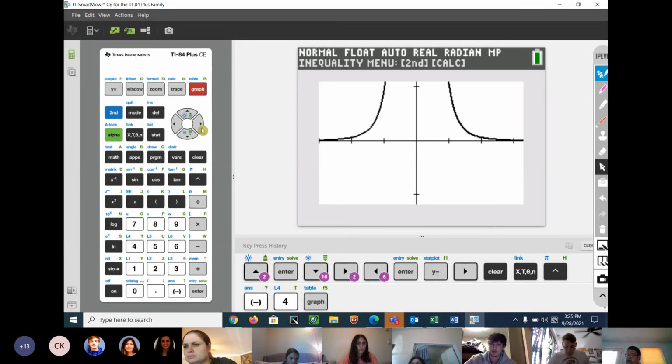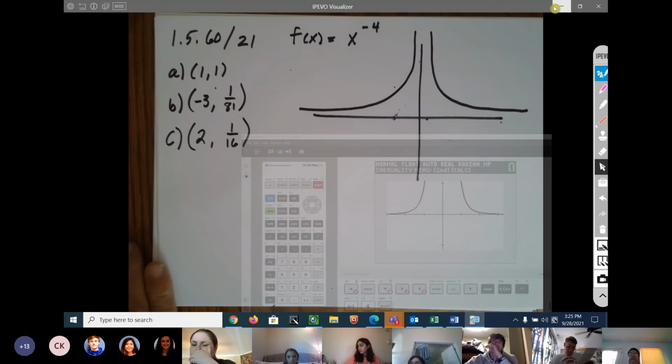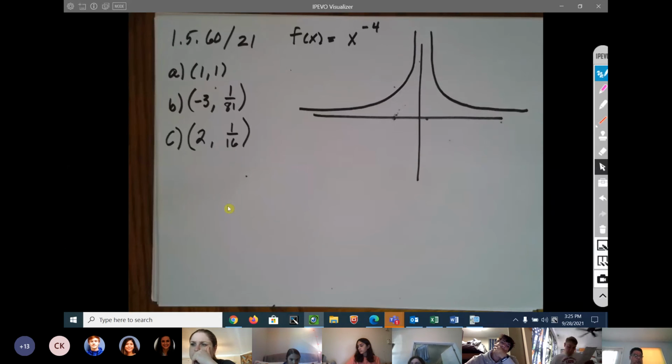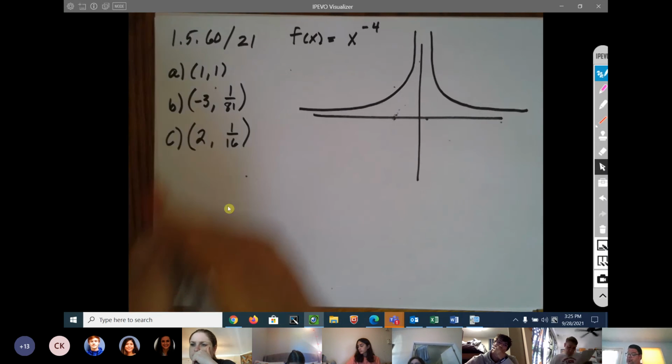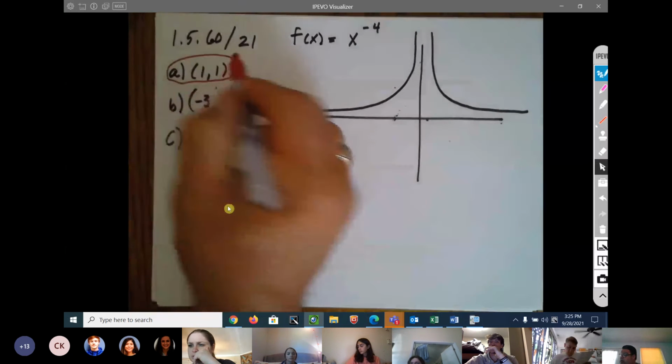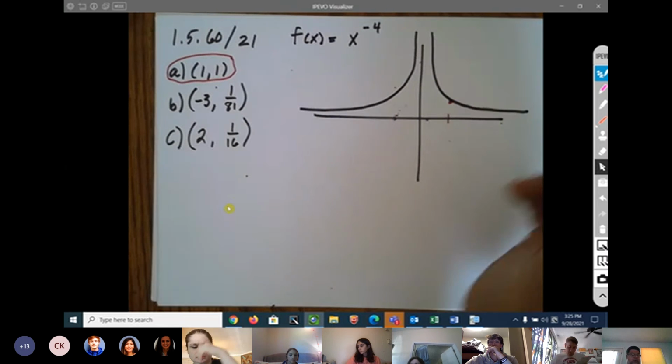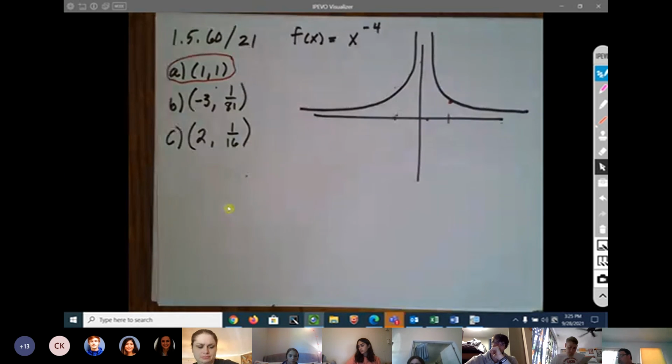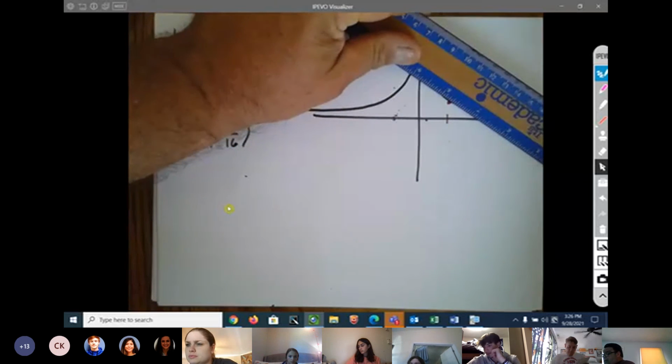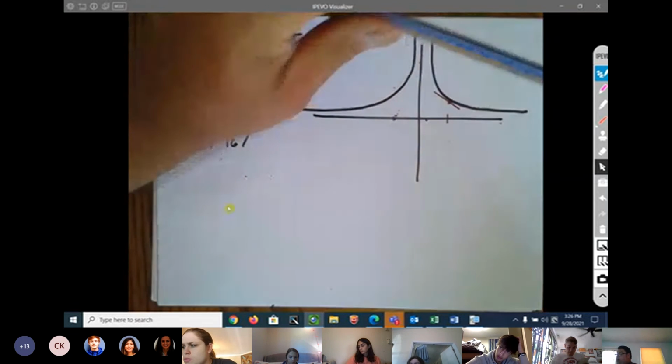And let's see, 1, -3. I'm going to draw a picture of it. All right, here's the drawing. And x is equal to 1. Where is x is equal to 1? So we're going to put a red mark around that. And there's 1 right there. So I'm going to try to draw my line a little bit shorter because I don't want you to think the whole line looks like that. There.